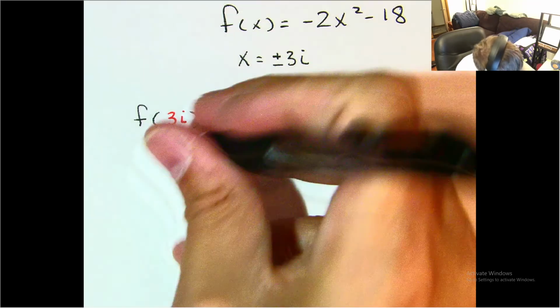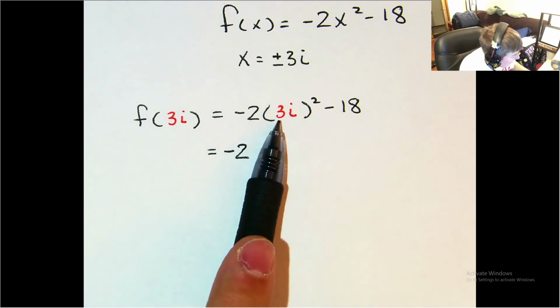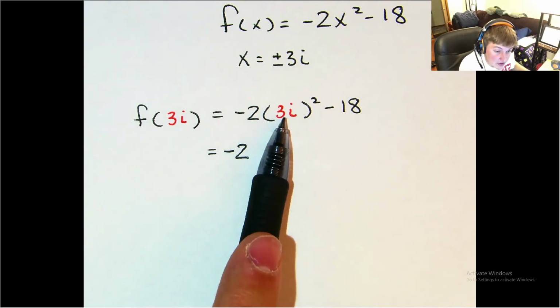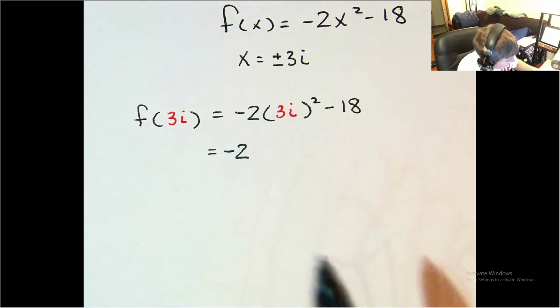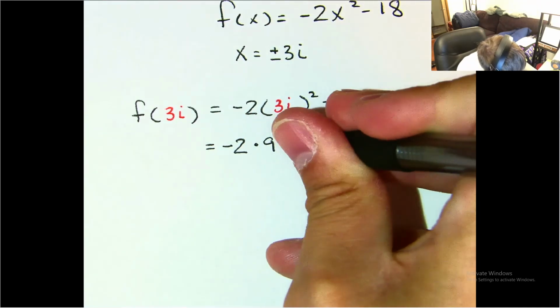Then I need to go negative 2 times, and here we would have to square each of these numbers. So 3 squared is 9, and i squared is negative 1.